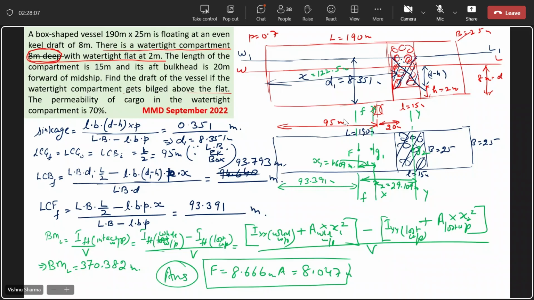The compartment can be empty, the compartment can be forward, the compartment can be aft. There were two questions in which LCB and LCF were equal. In this question on display, LCB and LCF were different. So we have covered that variation. You know when they'll be equal. We have also covered a question in which GML was used. In another two questions, BML was used.